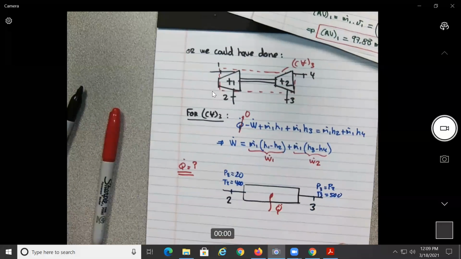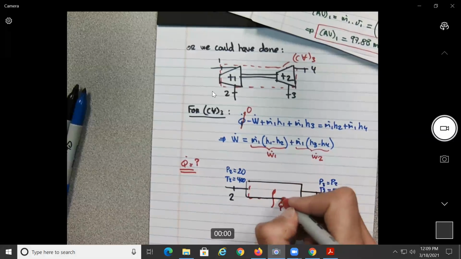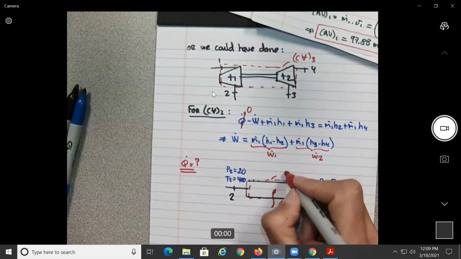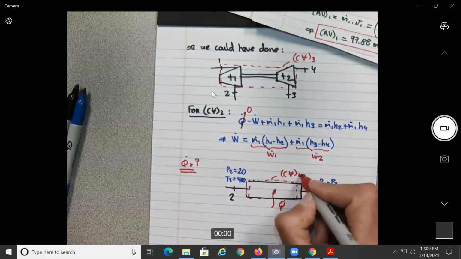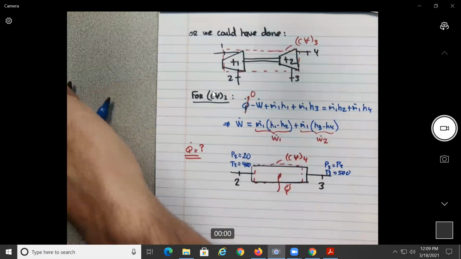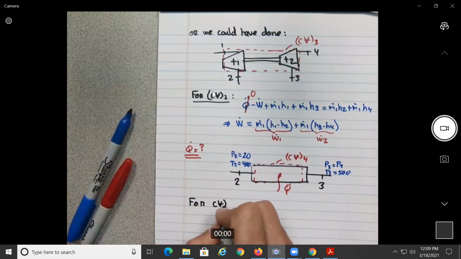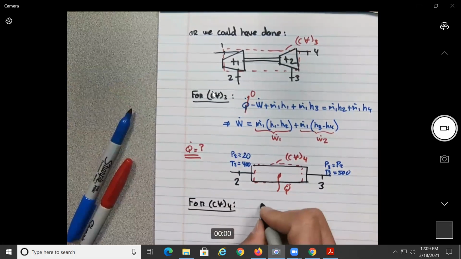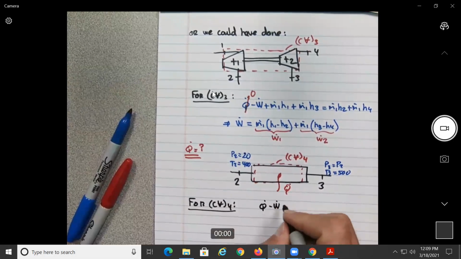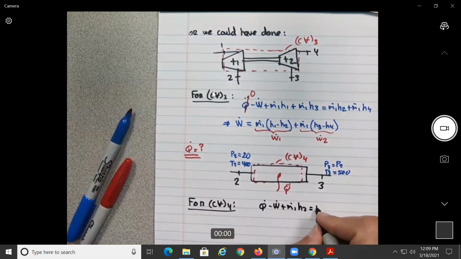So again, for this control volume 4, Q dot minus power plus M dot H2 will be equal to M dot 1 H3.